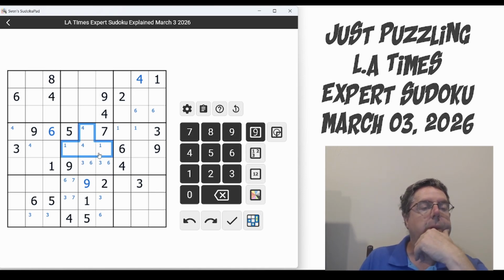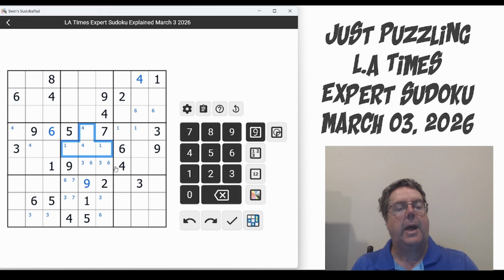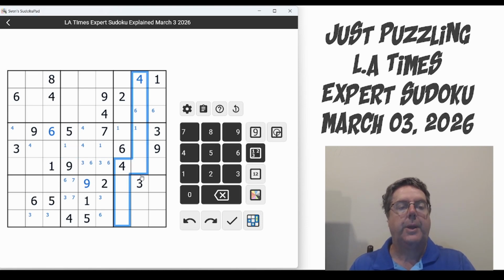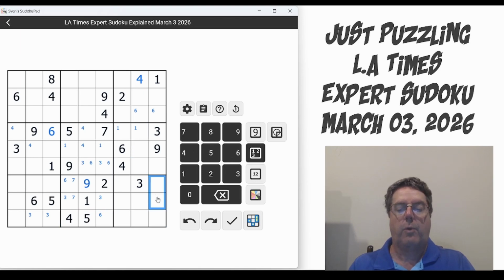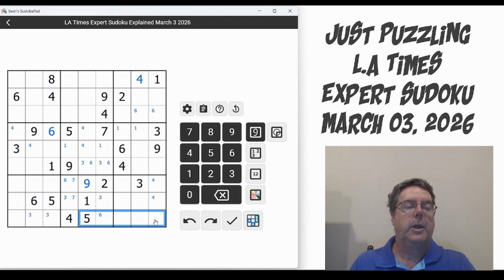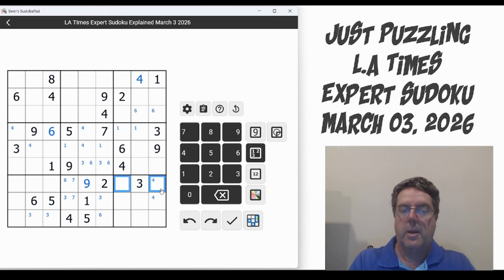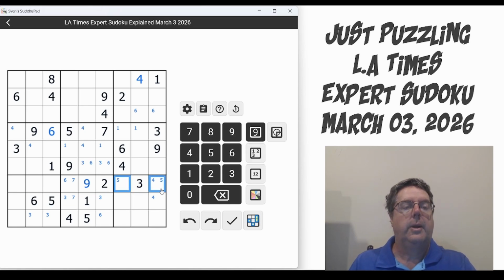Alright, so 9's there, 9's there, 9's there, 6, 4, 8. 4's there, 4's there, 4 comes down here, 4 comes down here, 4 comes across here, so one of these two is a 4, sorry. 5 comes across here, 5 comes across here, so 5 is one of these two. 8, 9, 6, 7, so this is 7 and 5.